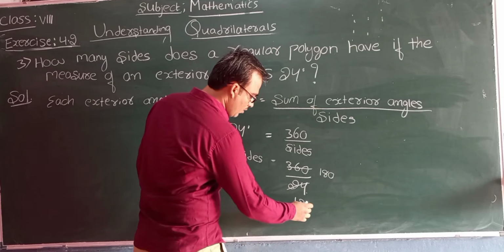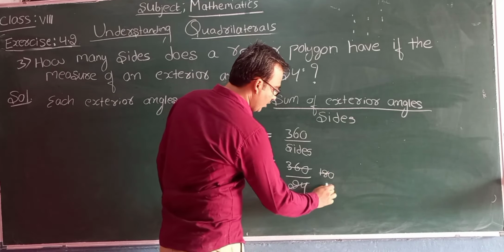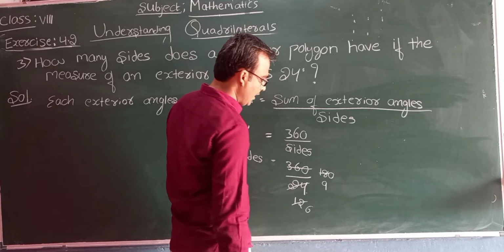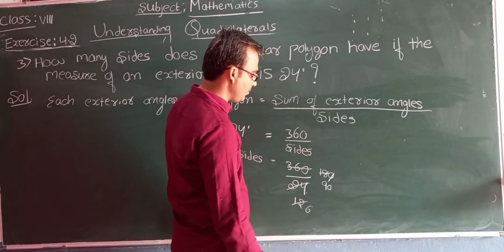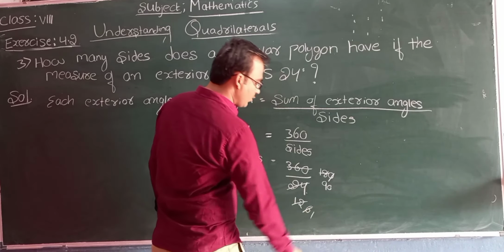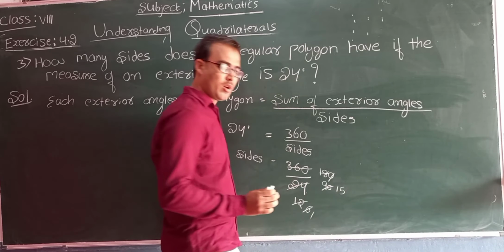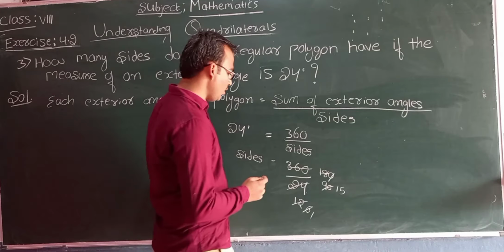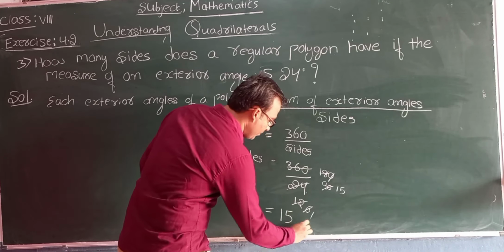Now 2 6s are 12, 2 9s are 18, and 0 cancel. Now we can cancel: 6 1s are 6, 6 15s are 90. So what are we getting? We are getting 15.